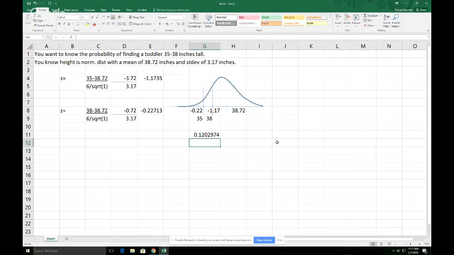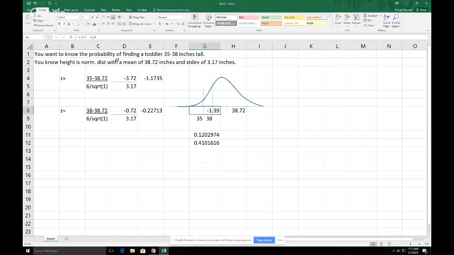Okay? And I'm going to do the same thing again. Norm dist of the 0.227. You know what? My numbers are backwards. This should be negative 1.17, and this should be negative 0.22.